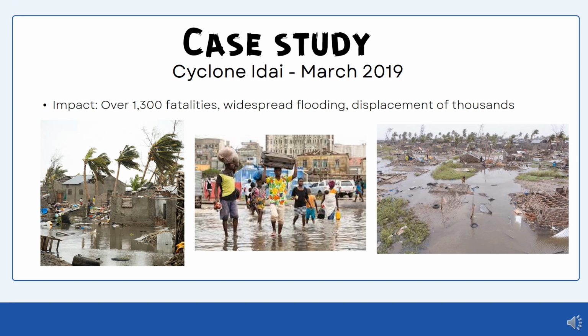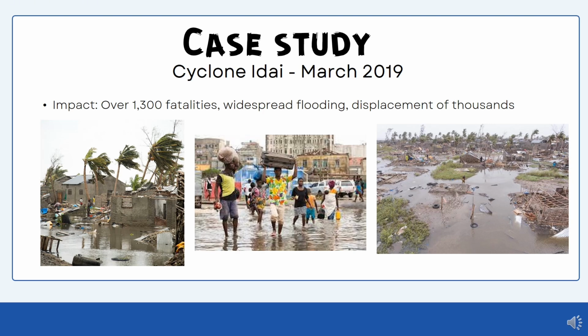Again, you do not have to study this for the exam. It's just a case study that we can go through so that you will see how they will possibly examine it. Do not study this. You do not have to know when the cyclone occurred. But it affected Mozambique, Zimbabwe, and Malawi.